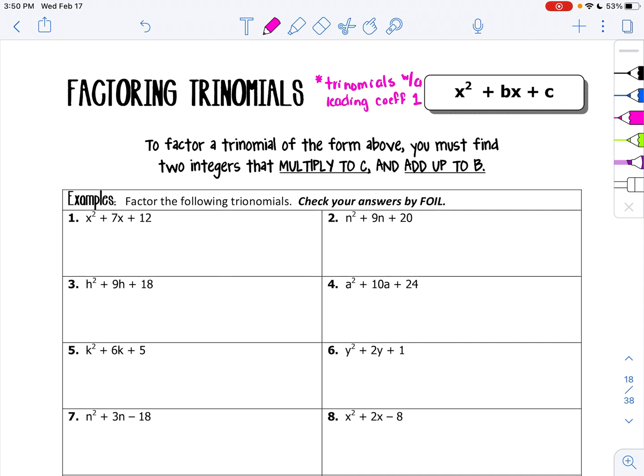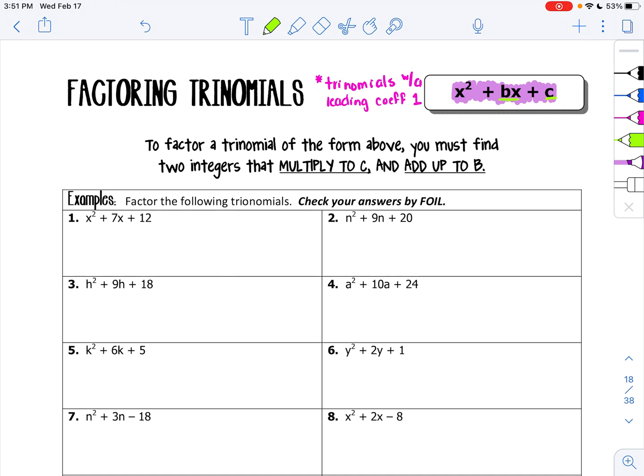So in this lesson, all of our trinomials are written in this form, ax squared plus bx plus c. And it's very important that you take note that your second term, that is with just the x variable, is b, and that your constant is c.